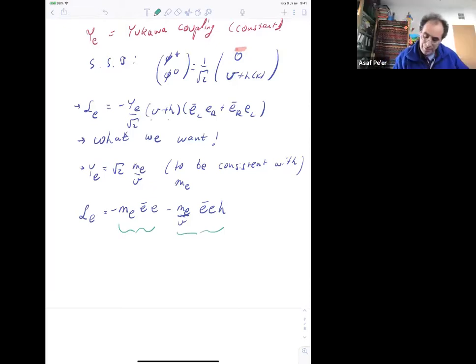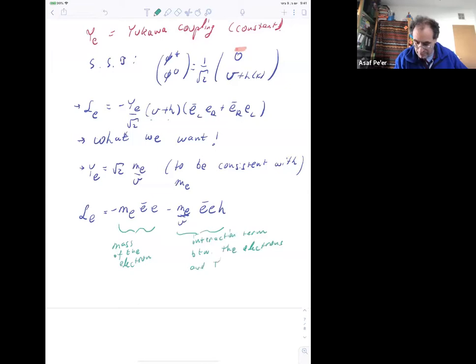So this term represents interaction between the electron and the Higgs boson. This is the Higgs field. This is the mass term. This is an interaction term between the electron and the Higgs particle.